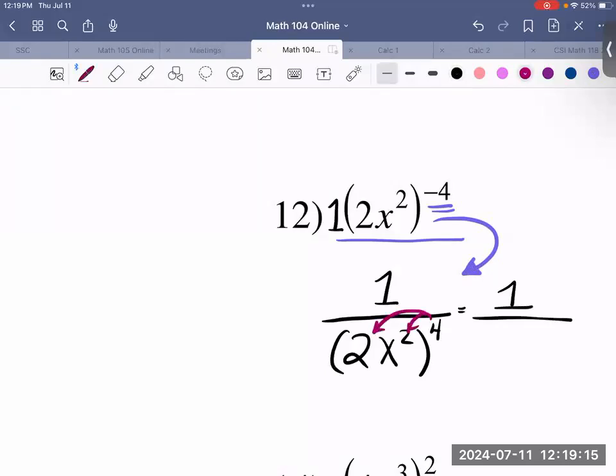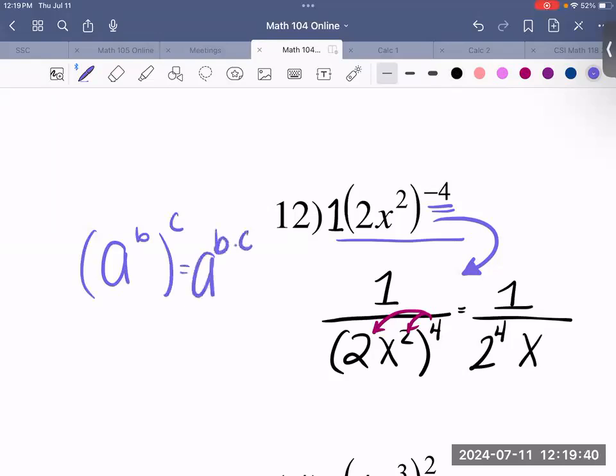Now, when you distribute it throughout the expression, not only do you do it to your numerical term, 2 to the 4th, but you also are going to be multiplying your exponents. If you have a to the b, to the c, then you're going to be multiplying b times c.